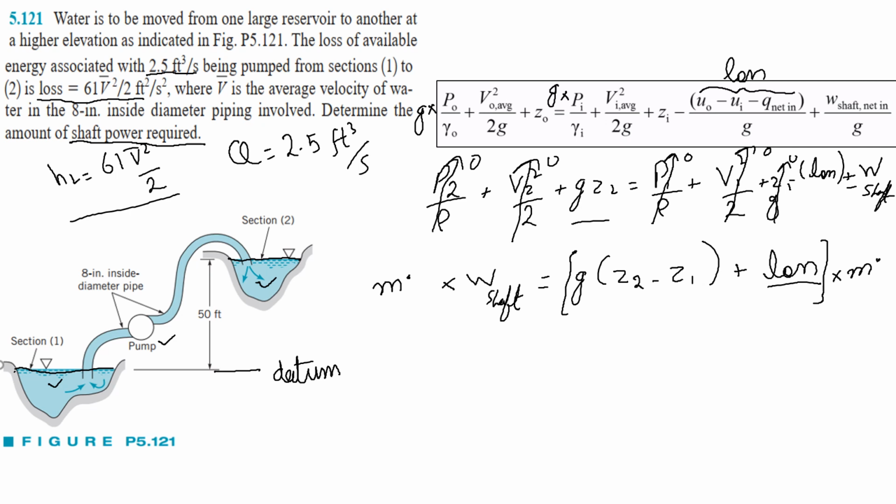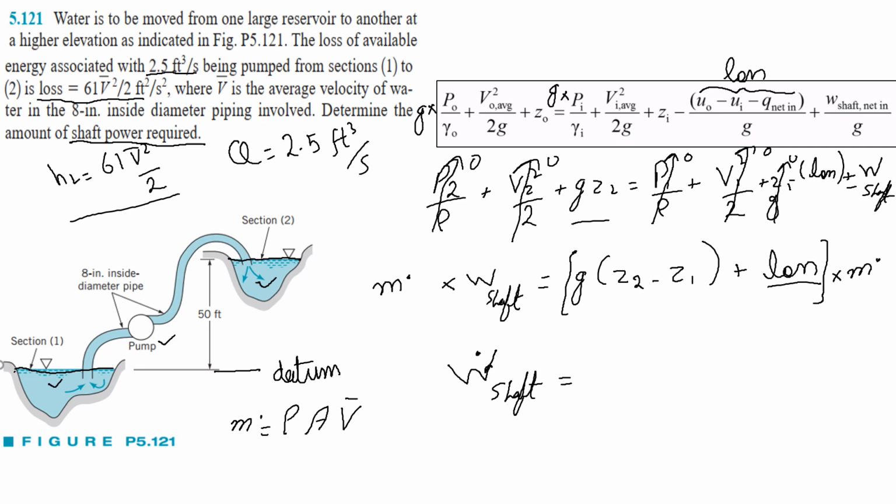So this is now our W dot, the shaft power. For m dot, we are going to use the continuity equation and conservation of mass analysis, where m dot is rho A V average.